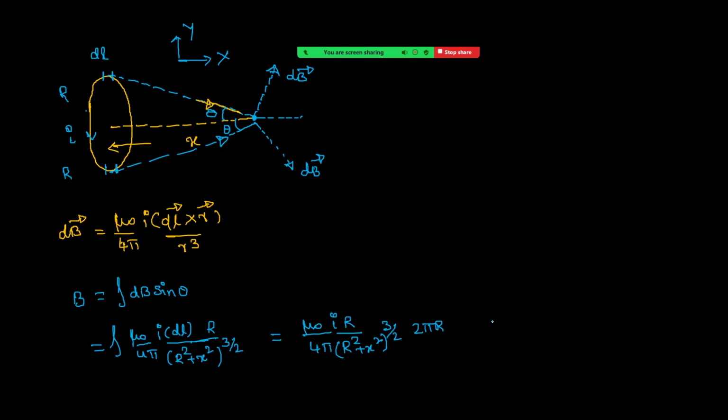Now see the calculation part. So this is for one turn. If we have n turns, this becomes now into n.